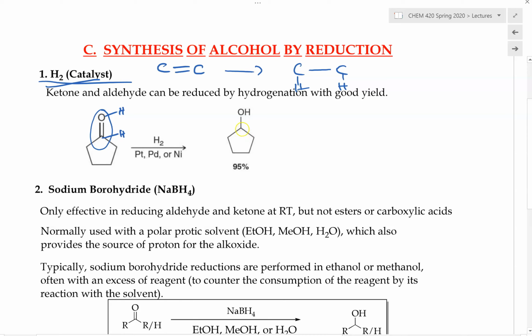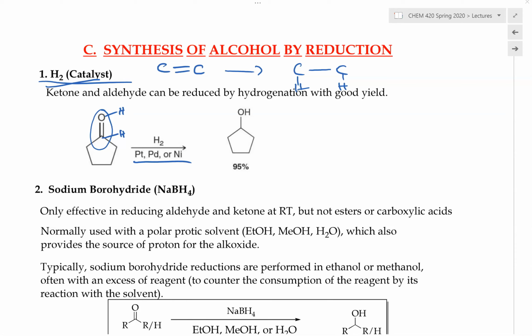In the course of this reaction, we change a ketone into an alcohol. The yield of this reaction is pretty high, so it is quite easy to do. But again, in order to perform this reaction, we need a strong and reactive metal catalyst.